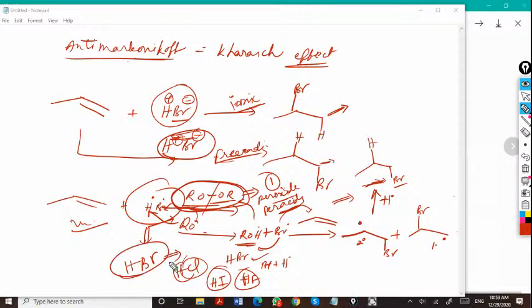The peroxide effect is found only in HBr reactivity. So this is about the anti-Markovnikov rule, which is the reverse of Markovnikov addition.